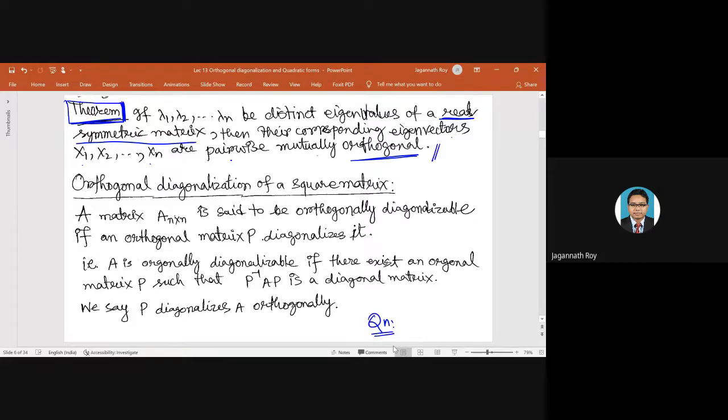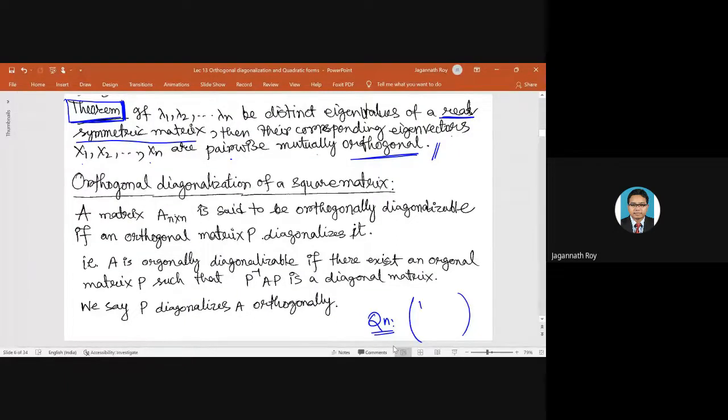It is a given theorem. The only thing is you have to make a matrix. For example, 1 0 0, 0 1 0. This is an identity matrix, so this is a trivial case. This is also a symmetric matrix, but the eigenvalues are not distinct here.